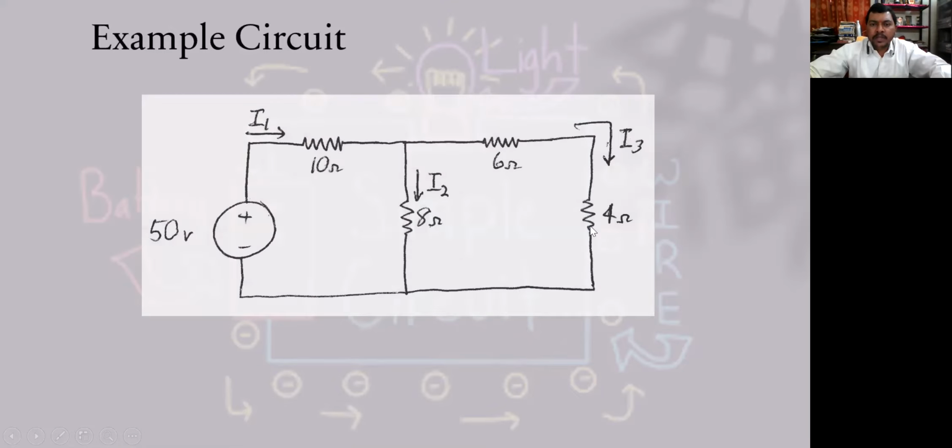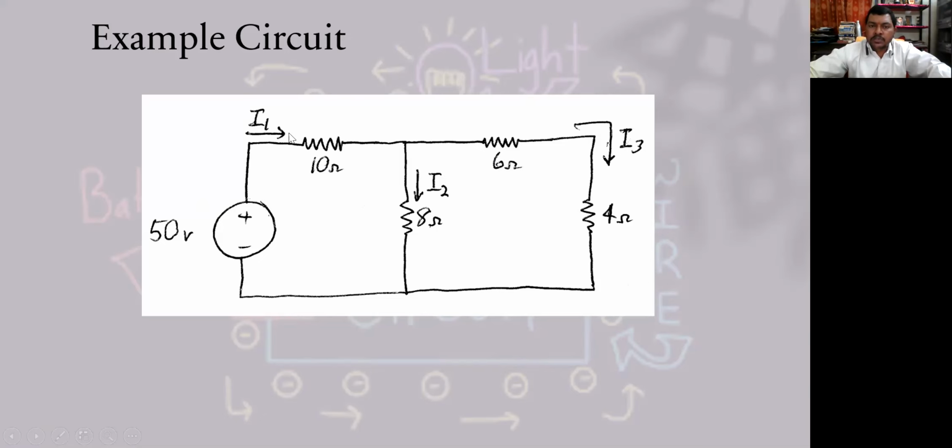But when we have a complicated circuit like this, how are we going to calculate the current flowing through it? In these situations, we require some theorems to calculate the currents flowing through the branches. Ohm's law is a little complicated for these sorts of equations.